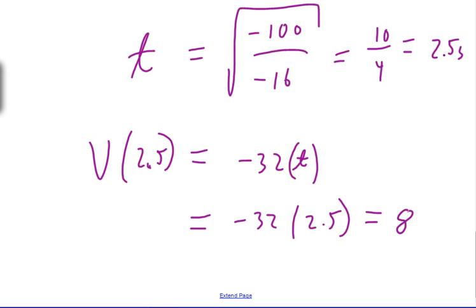Right. 80 feet per second, and it's going negative. The other answer could be it's 0. It hits the ground. It's not moving. Also find the velocity of the stone when it hits the ground. Okay, so at t, not after it hits the ground, but when it hits the ground. Boom. Okay, so that's 9.